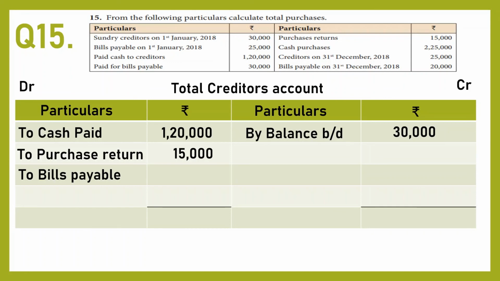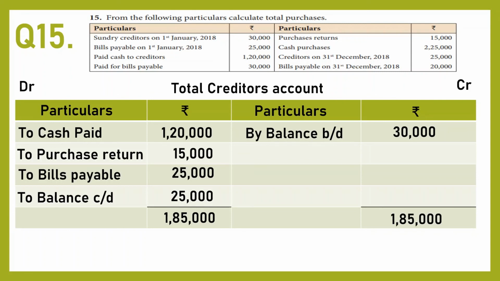This is something which we found out in the bills payable account. So that is 25,000. And what is the closing balance? Closing balance is again something given in the problem, which is 25,000. So the total of all of this is 1,85,000. And now if I extend this to right, it is 1,85,000, and that gives me a figure of 1,55,000, which is the credit purchases.